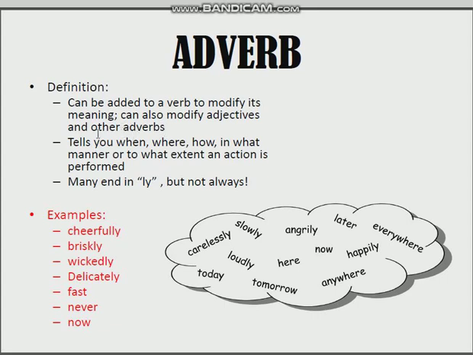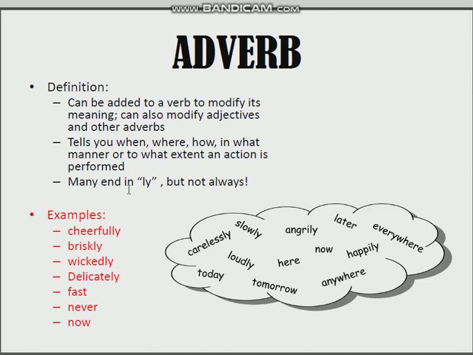You can see the definition says adverbs are those words which modify verbs, adjectives, and even sometimes adverbs. They tell you when, where, how, in what manner, or to what extent an action is performed.